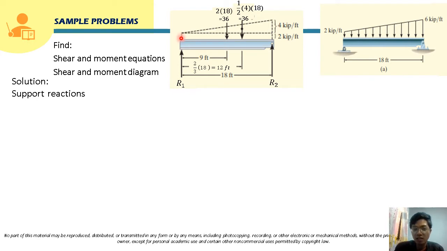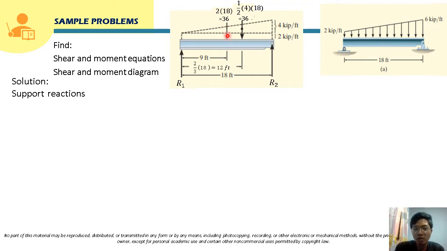So the area of this rectangle, its height is the intensity, which is 2 kips. So this is 2 kips, class, and its base is 18 feet. So this will just be 2 times 18. Okay, and 2 kips per feet times 18 feet, that is 36 kips. So this will be the magnitude of the equivalent point load.